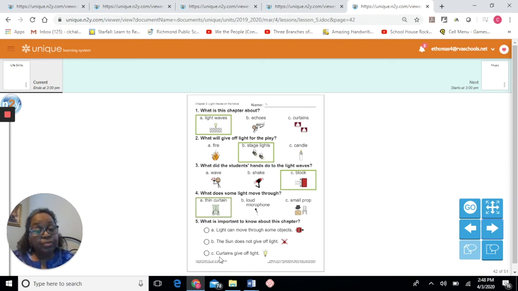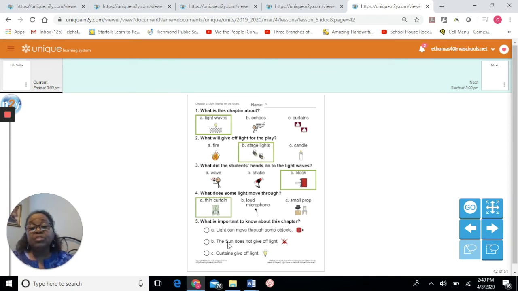I think we're able to slash and trash. Are you with me? Let's see. If we start at the bottom, curtains give off light. No, that is not true. We certainly can slash and trash that. Curtains do not give off light, and we did not read that in the story. Excellent. Let's try B. The sun does not give off light. That is so wrong. We can't use that.